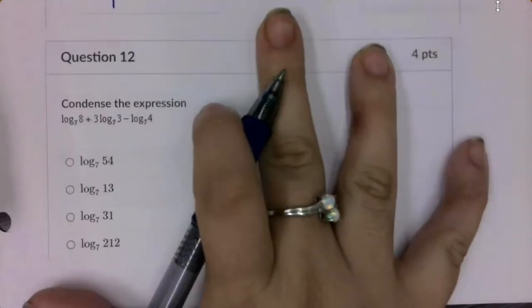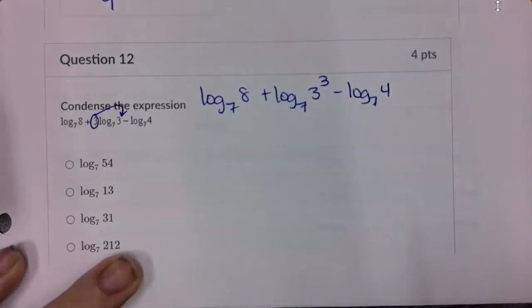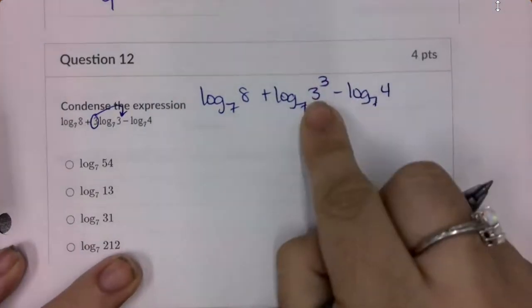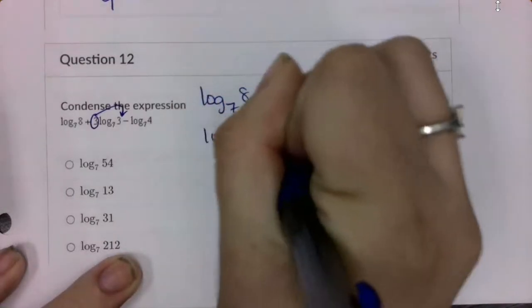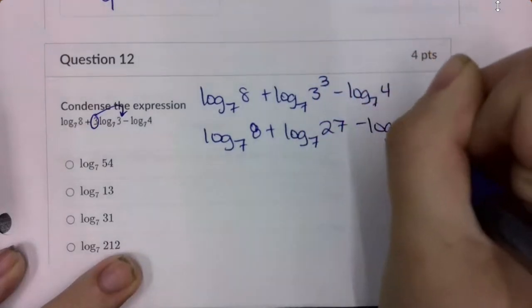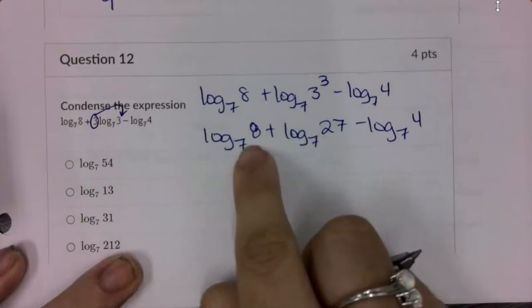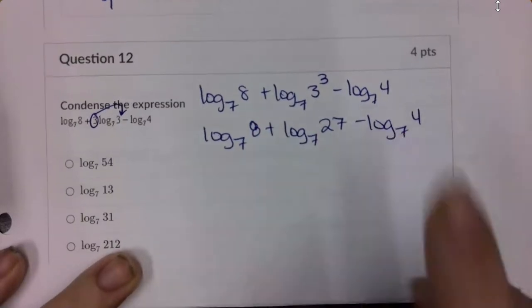Number 12 wants me to condense the expression. I first want to take any numbers out front and make those exponents. So I'm going to have log base 7 of 8 plus log base 7 of 3 cubed minus log base 7 of 4. Then I want to simplify 3 cubed, which is 27. Numbers with plus in between get multiplied, numbers with minus get subtracted.